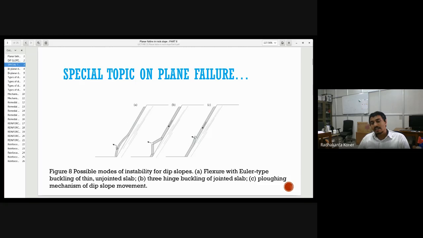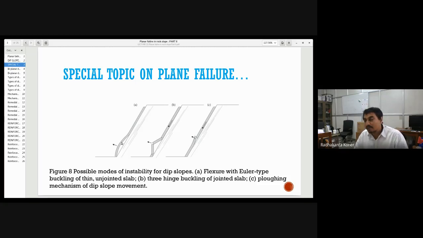Here there will be a development of a tension crack, because in this particular position the material is trying to tear out in the opposite direction. So due to that, in this particular juncture, a tension will develop. And if tension develops, we know rock is not in a position to resist it. Even a small amount of tension is very difficult for the rock to resist.